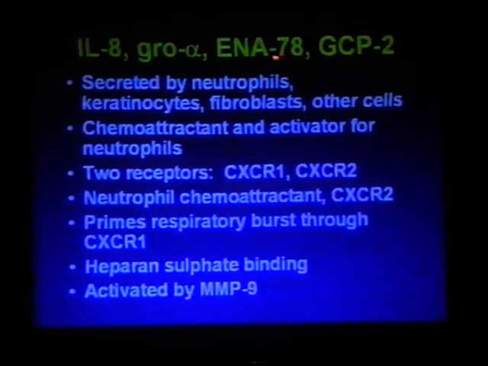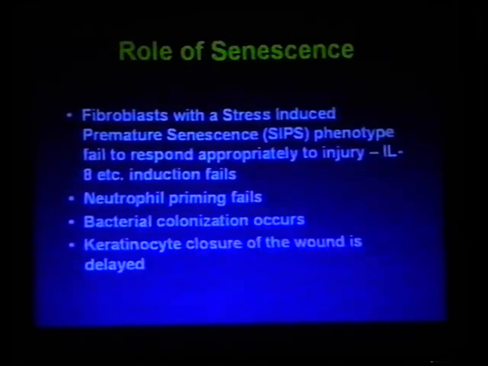So these cytokines are concerned with bringing in neutrophils and activating them to a bactericidal activity, and that is something that seems to be dysregulated in the fibroblasts that you see in chronic wounds. So this is the hypothesis. The fibroblasts with this kind of senescence, it's called stress-induced premature senescence, the way I've described it at this stage, fail to produce IL-8 and the other cytokines, so the neutrophils are not brought in, and bacterial colonization occurs.